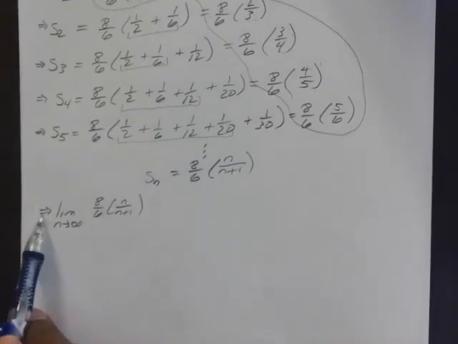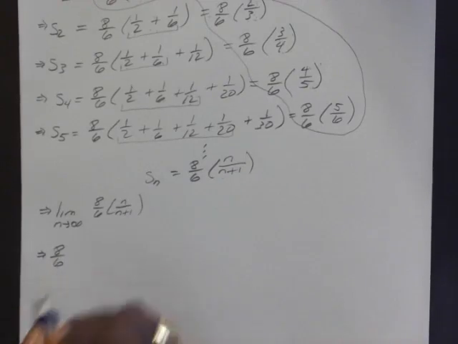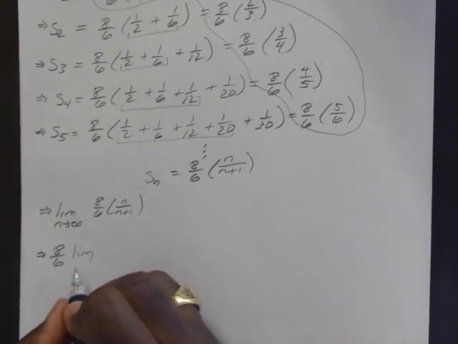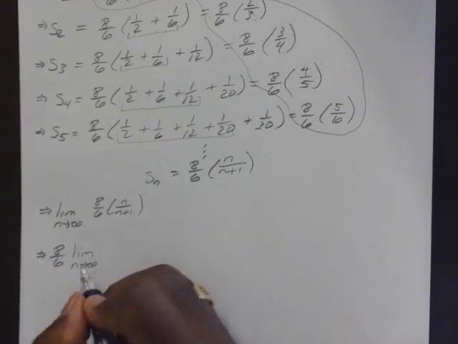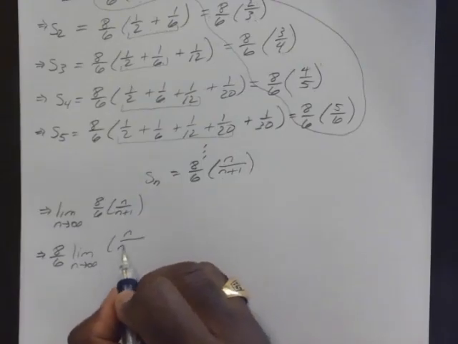Okay, so that 8/6 is just going to factor out to the front just to get it out of the way, times the limit as n approaches infinity of n divided by n plus 1.